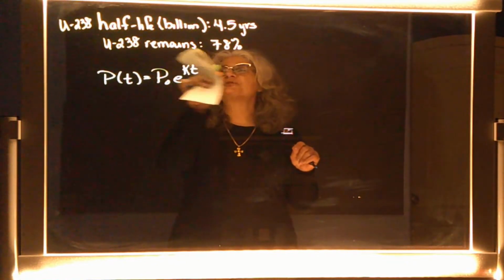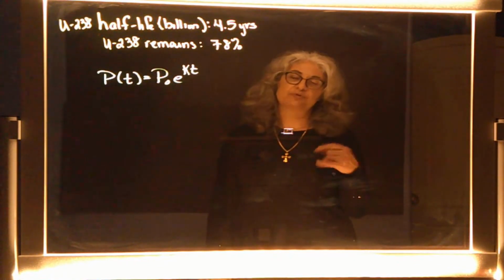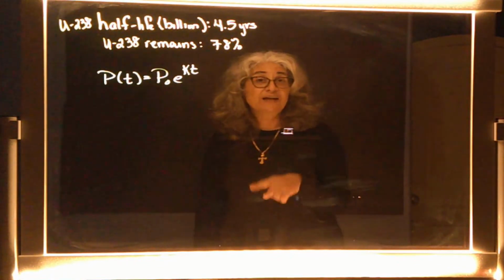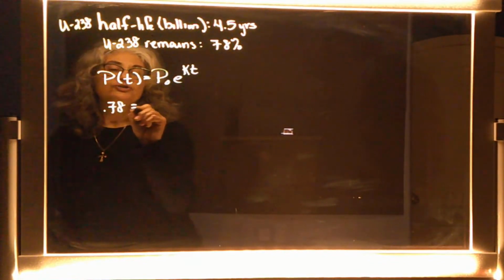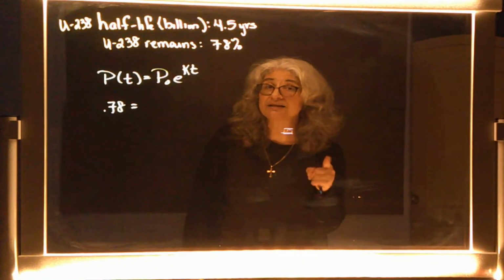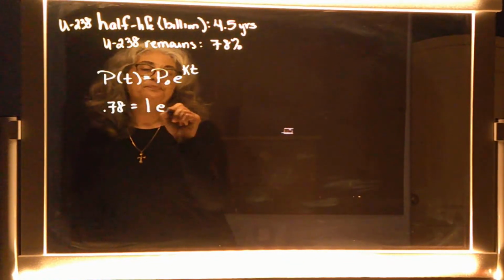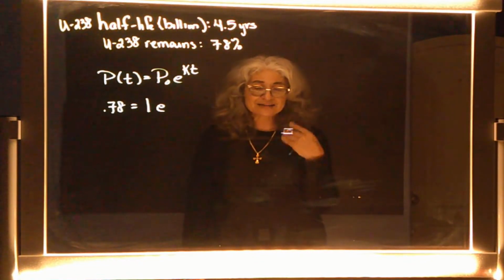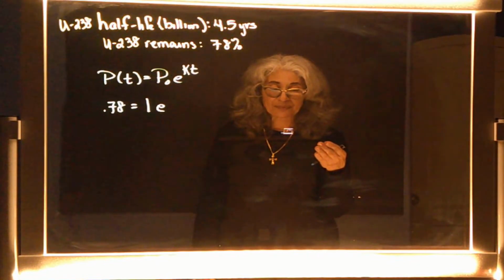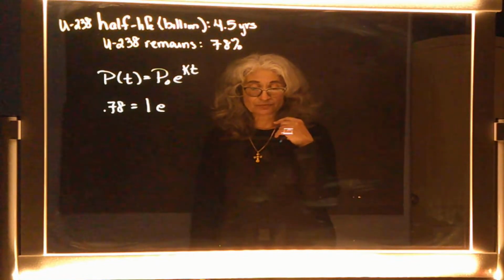We have 78% of that U-238 remaining. What's the 78% represent? Good, if that's what remains, that's your ending, isn't it? So we've got 0.78. So then how much U-238 did we have to start? 100%. Excellent. E to the, yeah, they're asking, oh, interesting, right?